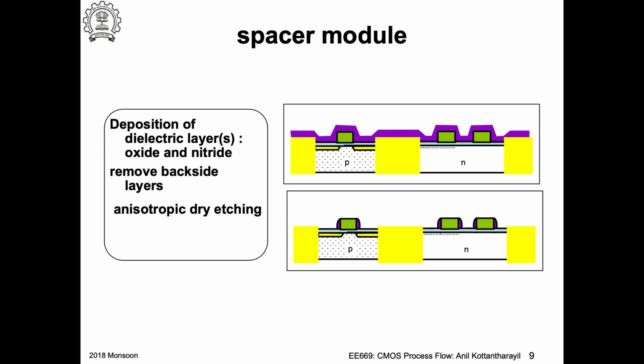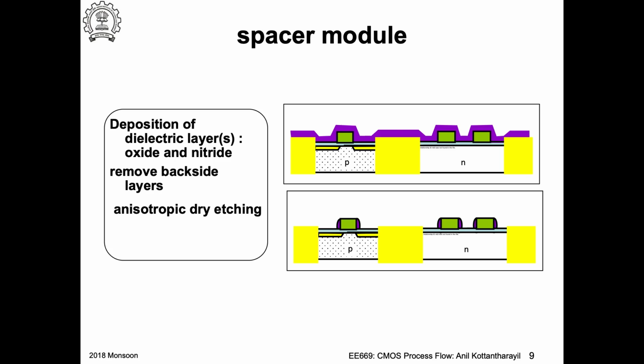The silicon dioxide would be very thin. And why do you need that thin silicon dioxide layer? You need it because, as I mentioned previously, silicon nitride, when you deposit it directly on silicon, could create stress on the silicon. So you would like to avoid it.